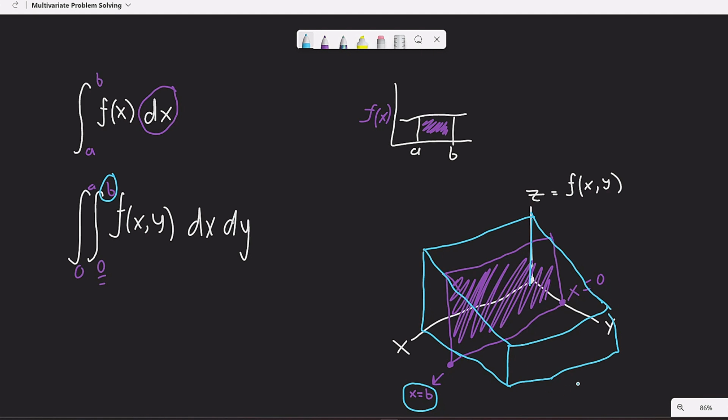And so we've cut a piece of this prism, and that is what is indicated by this first integral. And so we would find the antiderivative of this function f of x, y, which output this prism for us. And obviously there's no expression here, it's just f of x, y, so we won't be actually performing the antiderivative. But let's say we got our answer. We found the antiderivative of this.